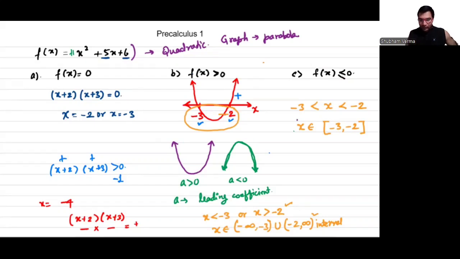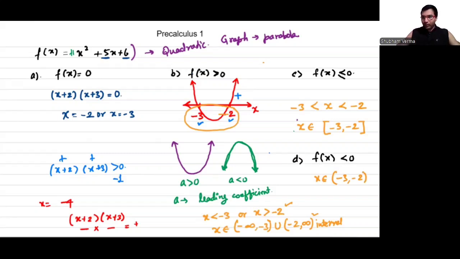So we have done one with strictly greater than, and one with equal to and less than. If, let's suppose, I take another one, d, f of x is just less than 0, then in that case, x will belong to open brackets -3 and -2. This means -3 and -2 are not included. Getting it? So this is an open interval.